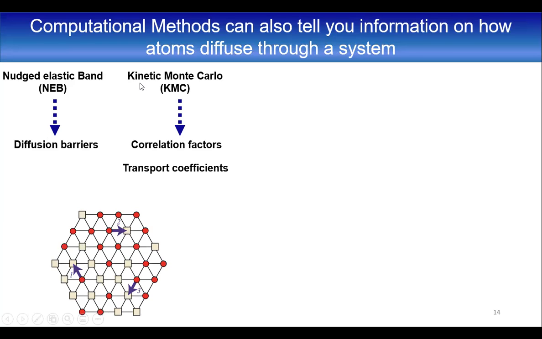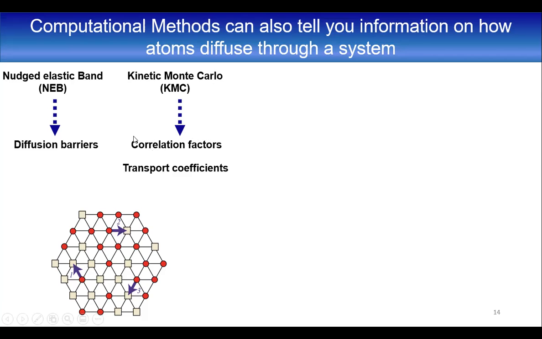If you do kinetic Monte Carlo, you don't have to just focus on the dilute limit, or on one atom moving. You can look at how multiple atoms move together. For example, in certain systems, the movement of one or two atoms can allow for another set of atoms to move.